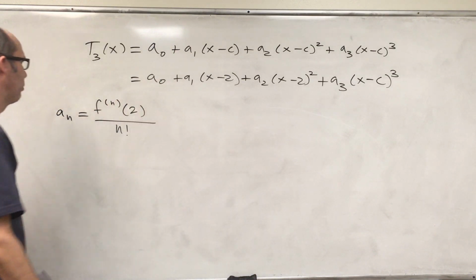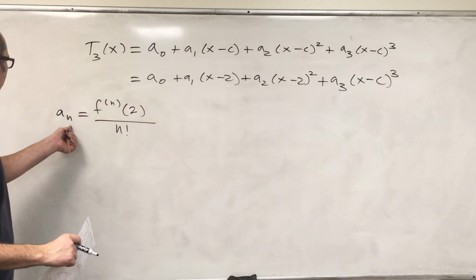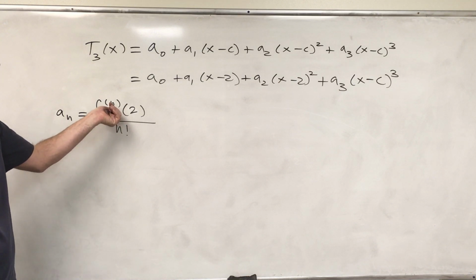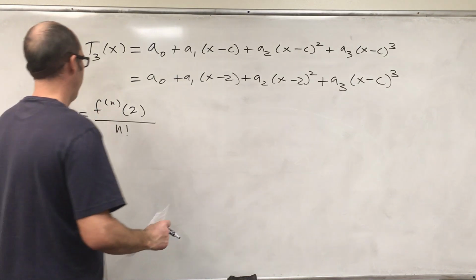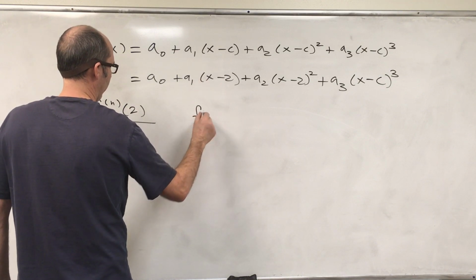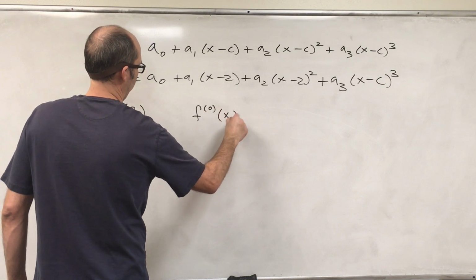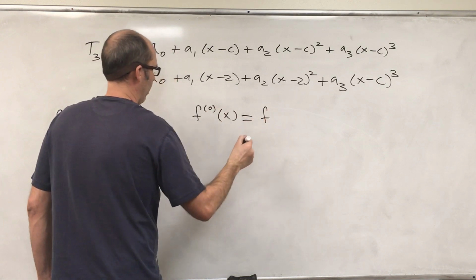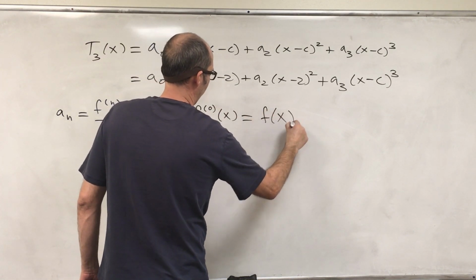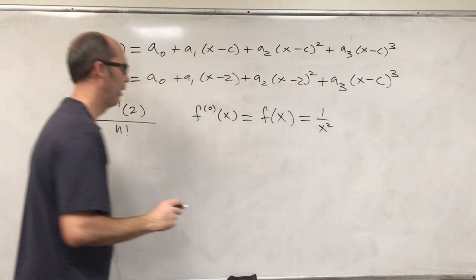All right, so we're going to need to compute all the way up to a3, so up to the third derivative. We might as well write out f0 of x. This is just f of x, which is 1 over x squared.